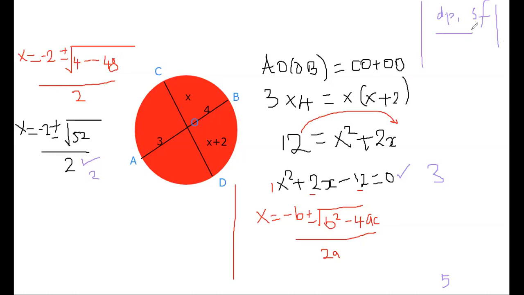Otherwise, you can choose what you want to use. You can use the factorization method, or you can use completing the square method. But when you're told to give your answer to two decimal places or a certain significant figure, always use the quadratic formula, that is minus b plus or minus the square root of b squared minus 4ac, divided by 2a. So let's look at another example.